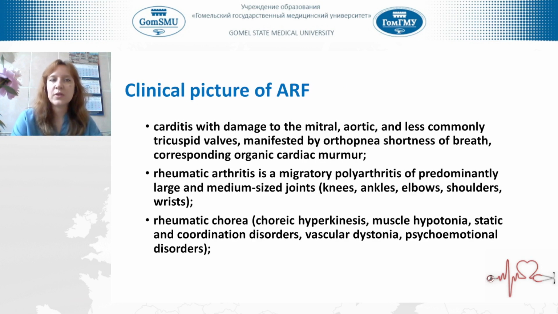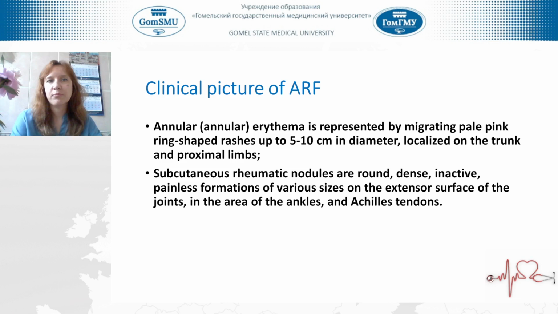Clinical picture of acute rheumatic fever. Carditis with damage to the mitral, aortic and less commonly tricuspid valves, manifested by orthopnea, shortness of breath, corresponding organic cardiac murmur. Rheumatic arthritis is migratory polyarthritis of medium-sized joints: knee, ankles, elbows, shoulders, and wrists. Rheumatic chorea: hyperkinesis, muscular dystonia, static and coordination disorder, vascular dystonia, and emotional disorders.